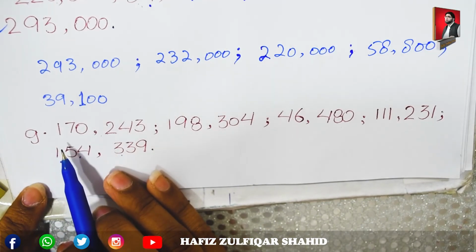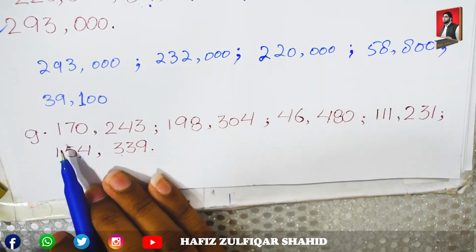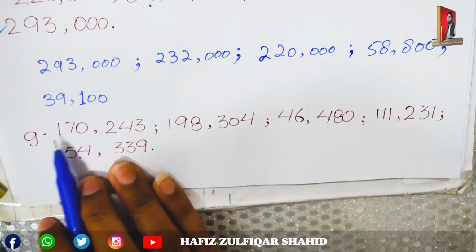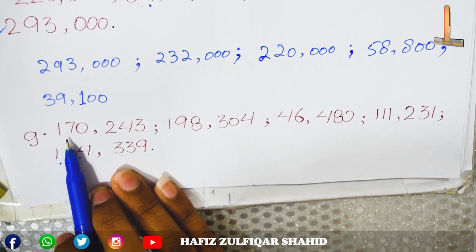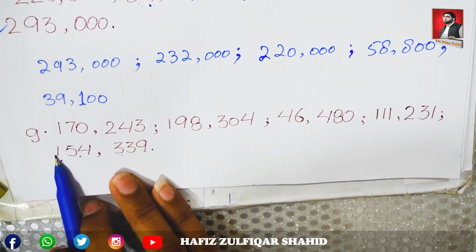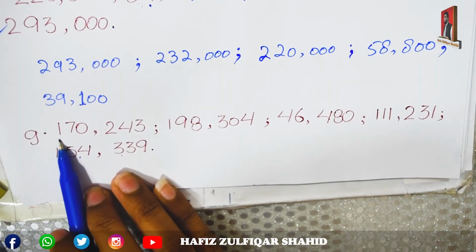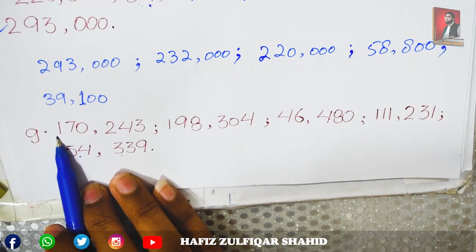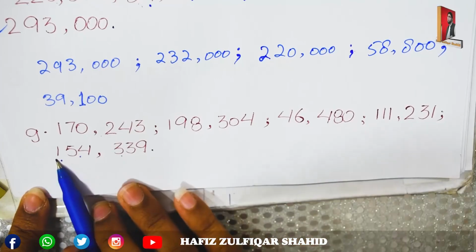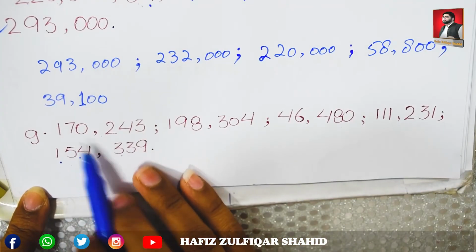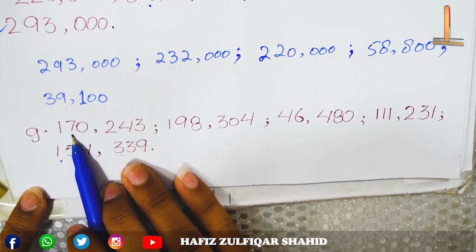Start from the left side, or the largest place value digit. First compare the largest place value digit, and we can see in the largest place value we have 1 in 4 values, which is equal. Now let's compare the second one.